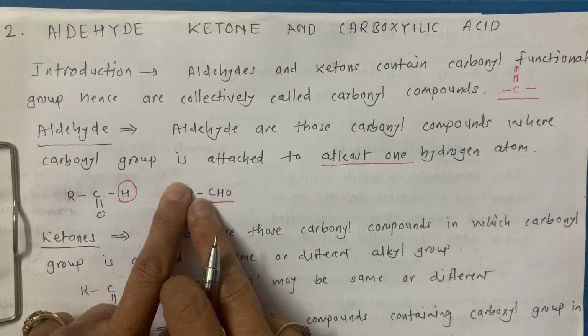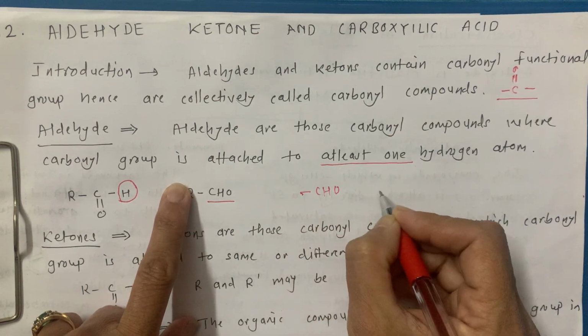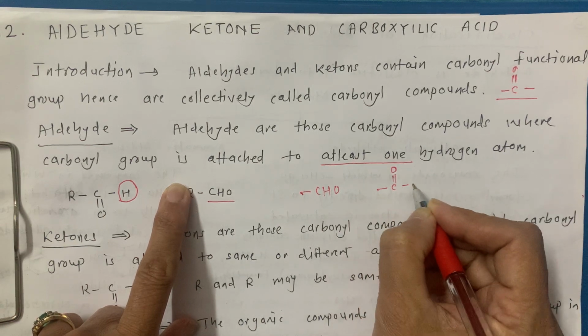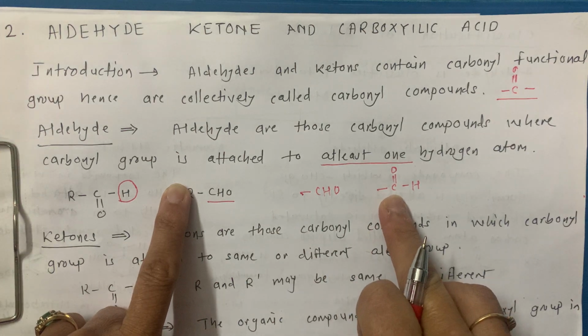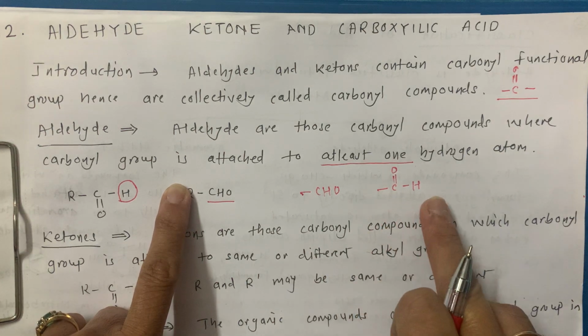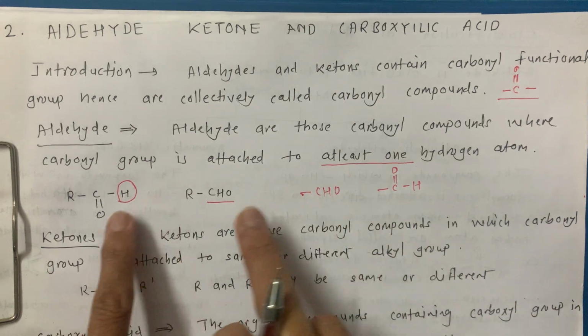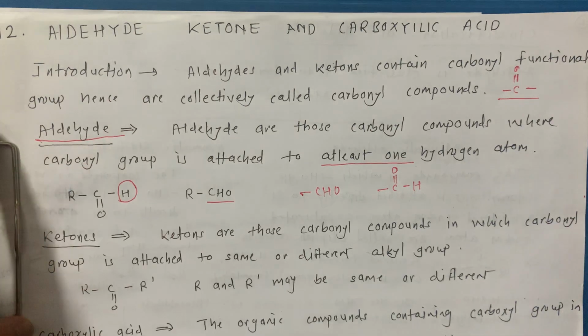Dash CHO is the aldehydic functional group, where the O is double bonded to C and then there is H. So this carbonyl functional group attached to H, the total dash CHO, is known as aldehyde.